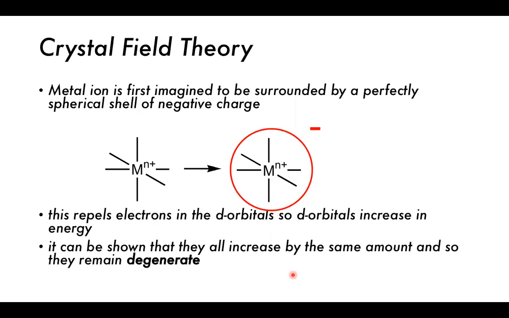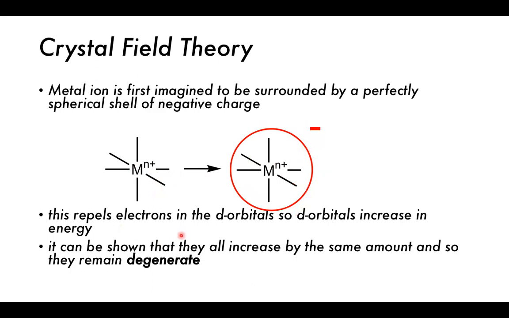So the metal ion is first imagined to be surrounded by a perfectly spherical shell of negative charge. So we have here our central metal, and then around it we have our different ligands, which are represented by these black lines. And then we assume that this metal with its 6 different approach vectors is surrounded by a sphere of negative charge.